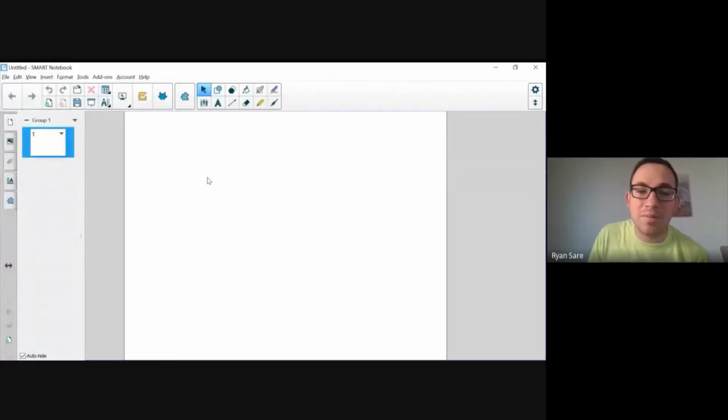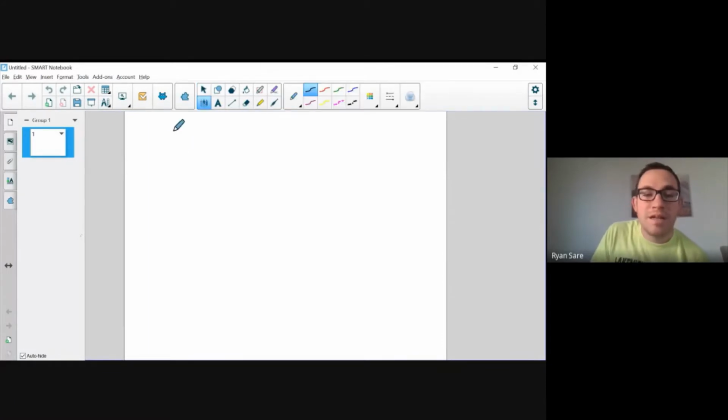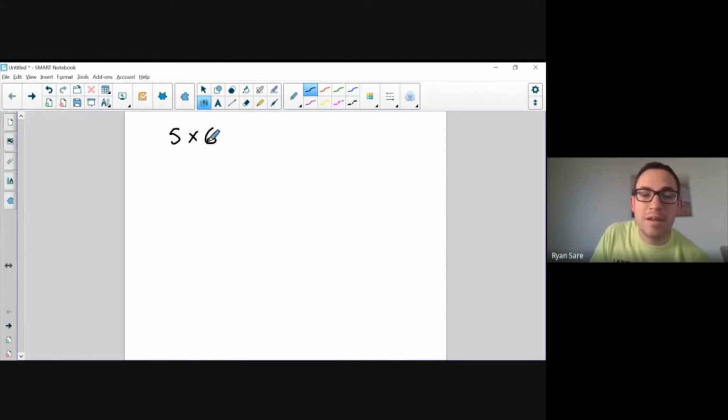At the beginning of the year, we learned about the array model. So if we were doing a multiplication problem like 5 times 6, we could do 5 rows of 6, and I'll even write that out. 5 rows of 6, and that was the array model.